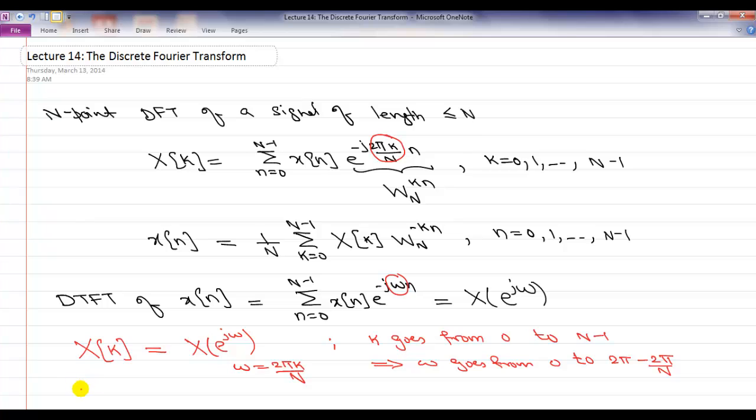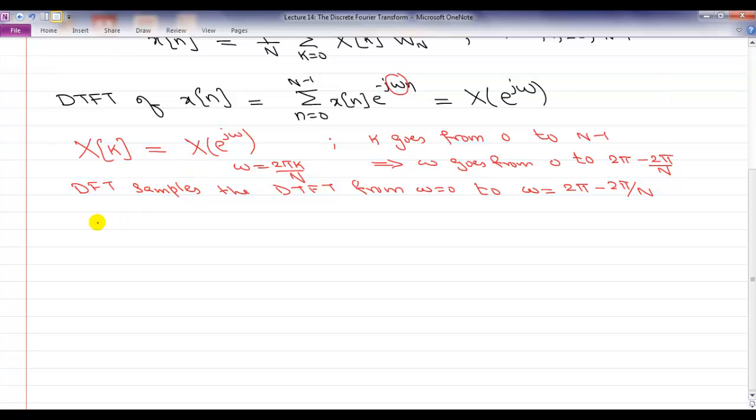So the DFT samples the DTFT from little omega equal to 0 to little omega equal to 2 pi minus 2 pi over N.